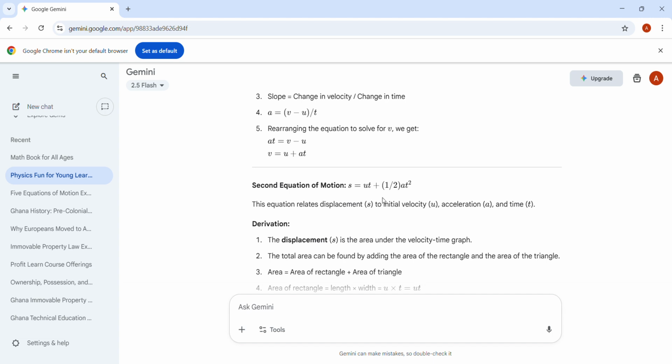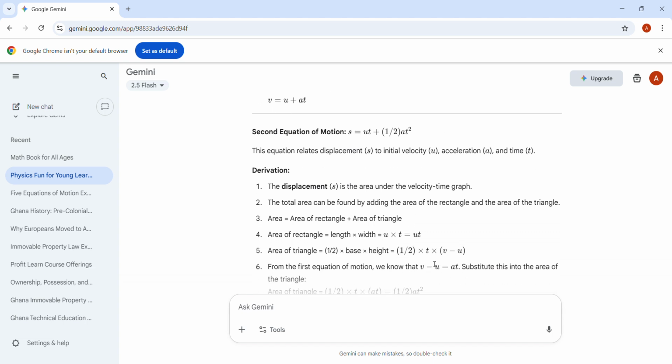So there is the second equation, note it, that is also derived. If you have the first equation, displacement is equal to u plus v over 2 times t, and you substitute the acceleration in, of course, you may arrive at this equation.